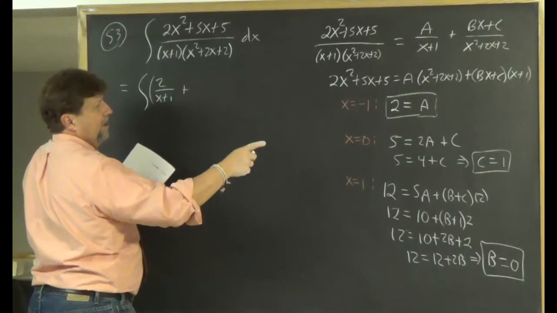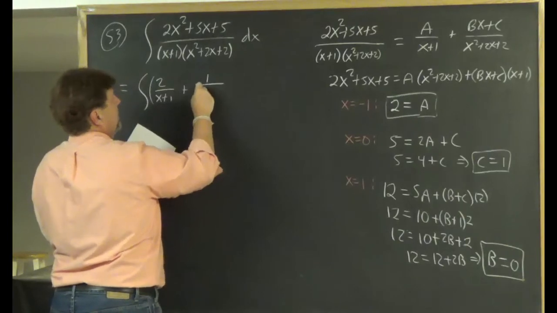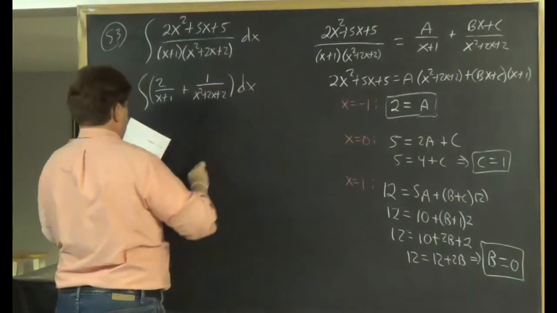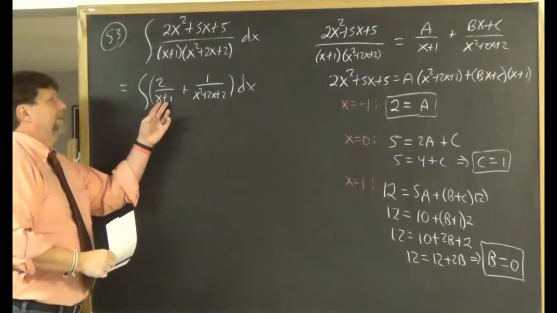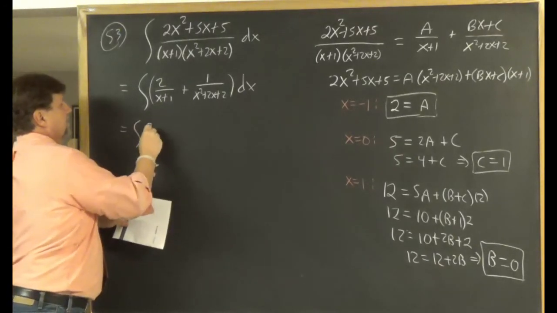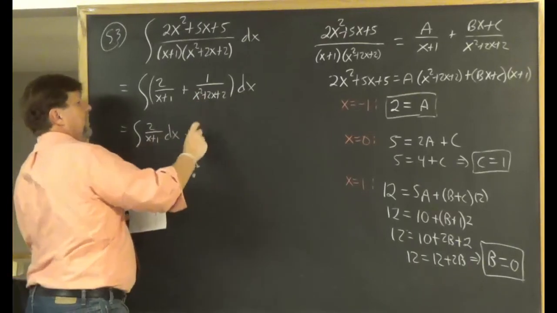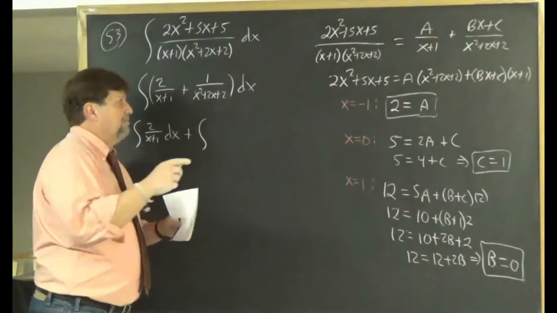Well, b is 0, c is 1, over x squared plus 2x plus 2 dx. This integral is easy. This is the easy way. This one here requires a little bit more work. But it's not that bad.